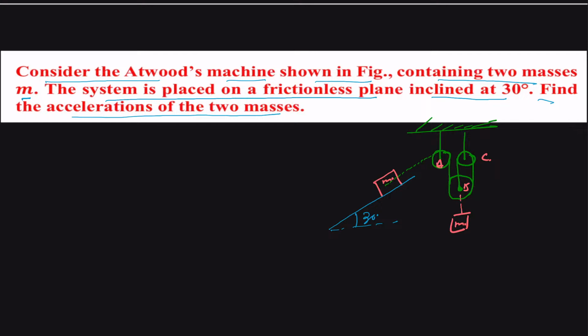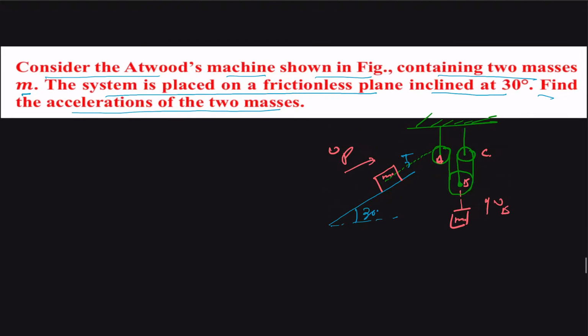So first of all, let's find out the constraint relationship between the accelerations of the two masses. Let us assume this is our Vp, the velocity along the plane, and this is our Vb. The string is the same, so the tension will be T all along, the same for the entire string.